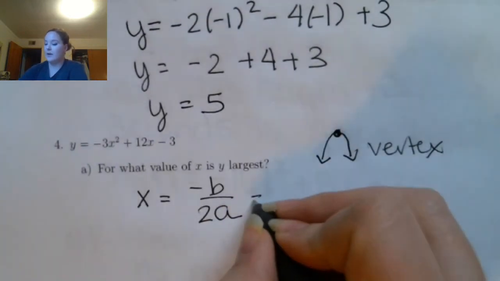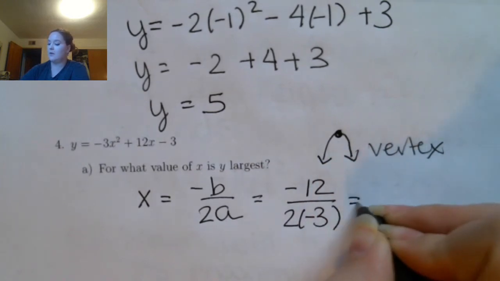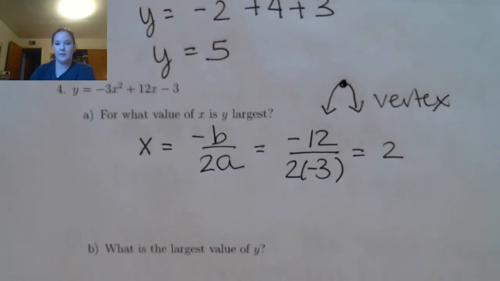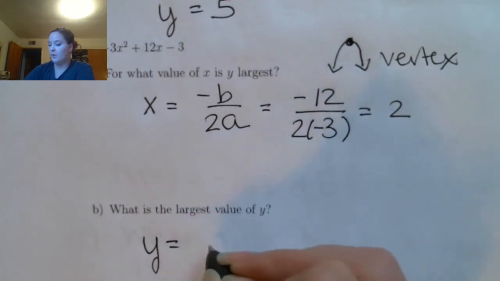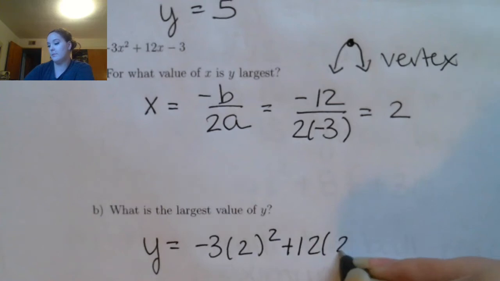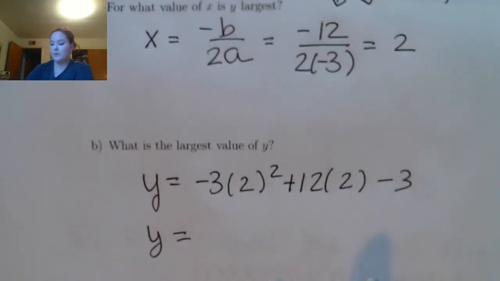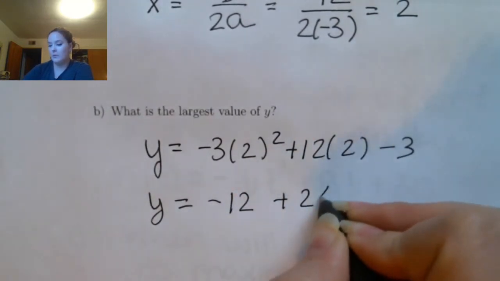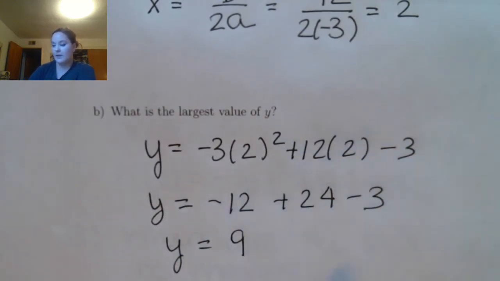We'll have -12 over 2 times -3. -12 over -6 is 2. Then we plug that in to find our largest value of y. So 4 times 3 is -12, plus 24 minus 3. I get 9.